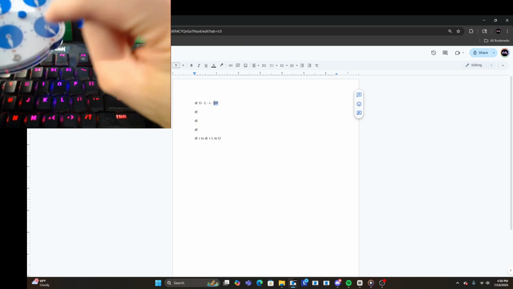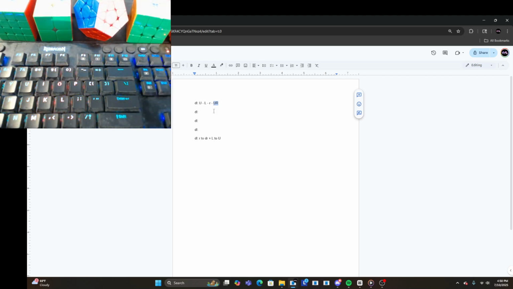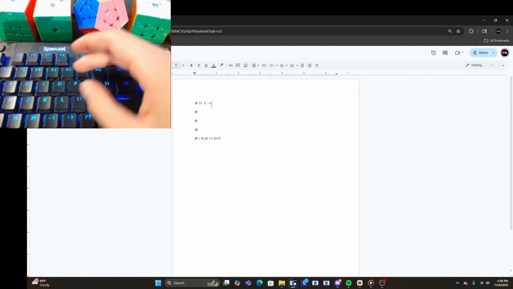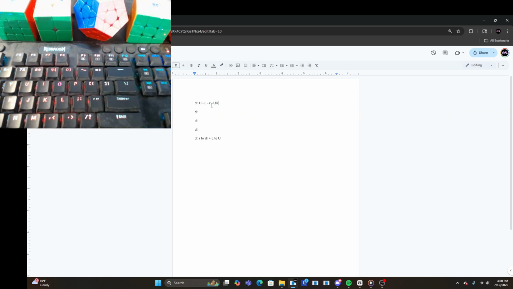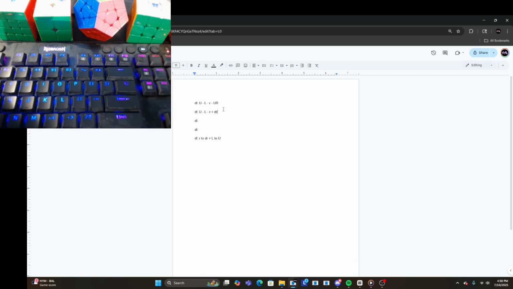But if we look at the back side, it's at -1, which means we can replace this negative UR with a plus DR, right? And that's a lot more useful. And you'll see how that is in a second.